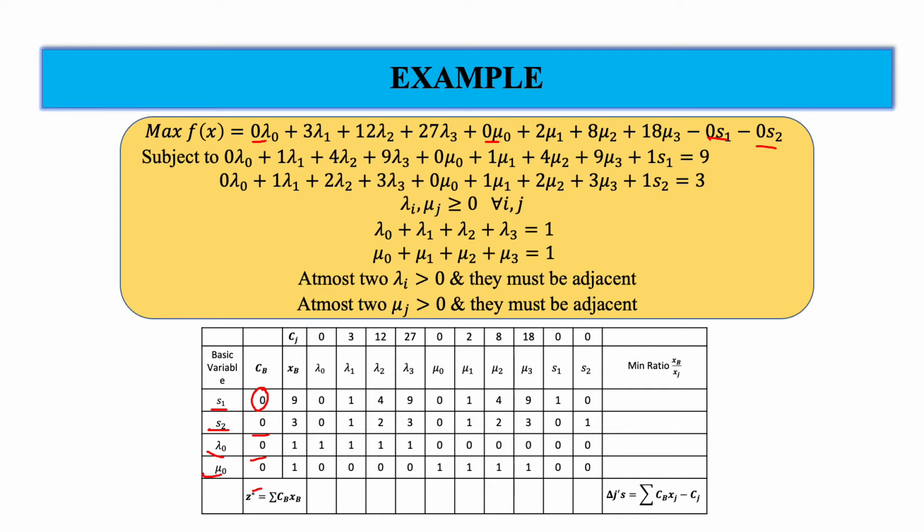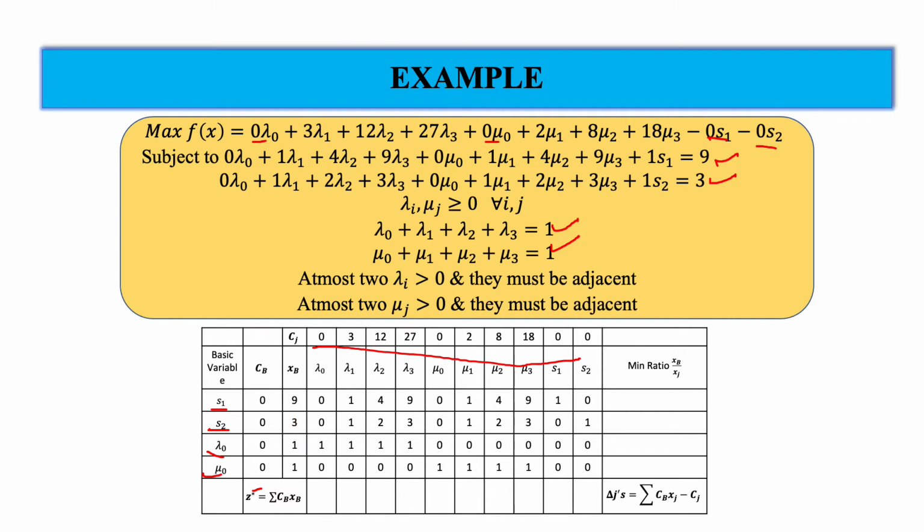Similarly, coefficients of all the variables in the objective function are written here. These are the coefficients of variables in the constraint equations, and these are the values when all the decision variables are kept 0. So if we keep all the variables 0, S1 is equal to 9, S2 is equal to 3, lambda naught is equal to 1, mu naught is equal to 1. So these are their values. This is my simplex table.